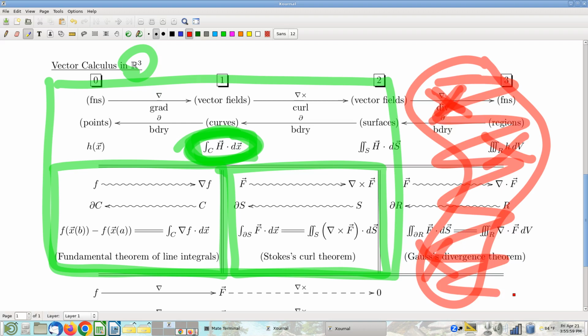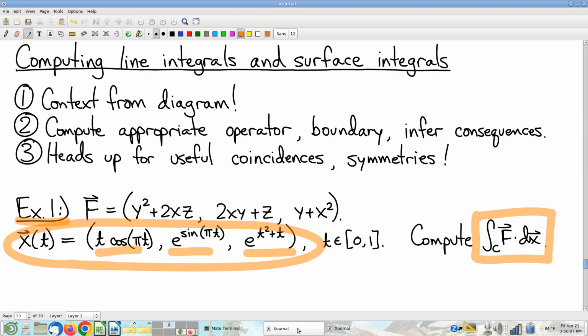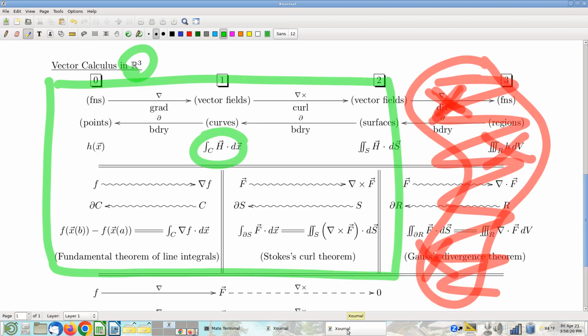Okay. All right. So that said, what do we do again if we are interested in computing a line integral? Well, let's see here. The next thing we're going to do, it says compute the appropriate operator, compute the appropriate boundary, and then infer from that. So what does the diagram tell me to do? Well, I'm interested in computing a line integral.